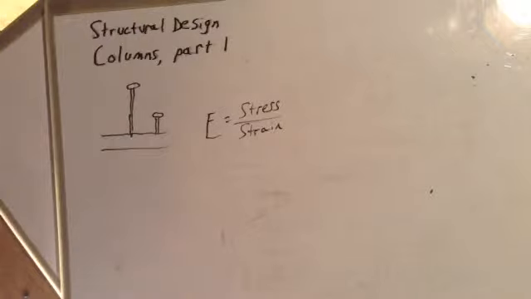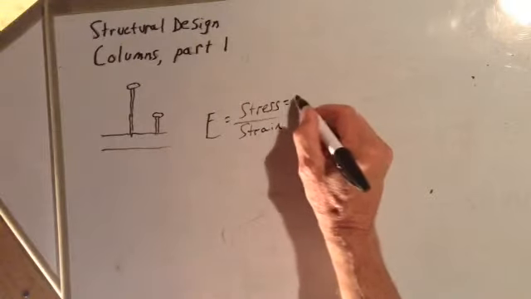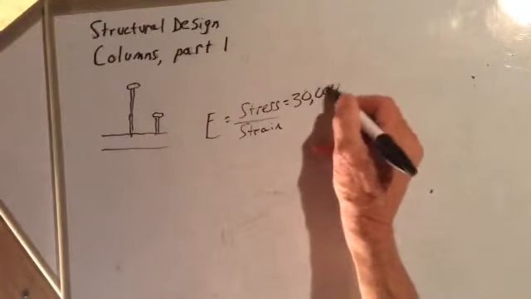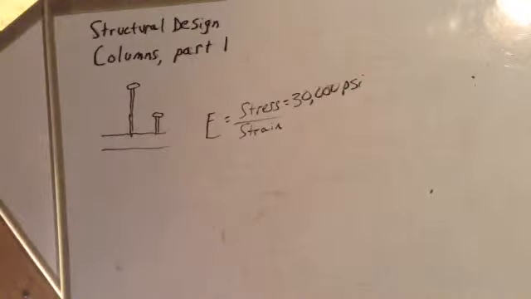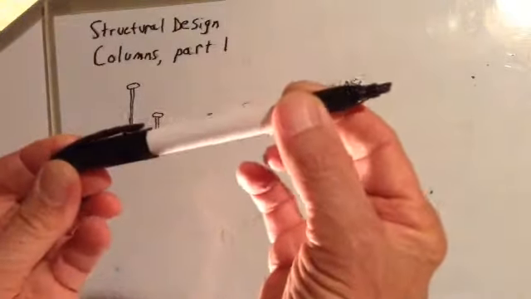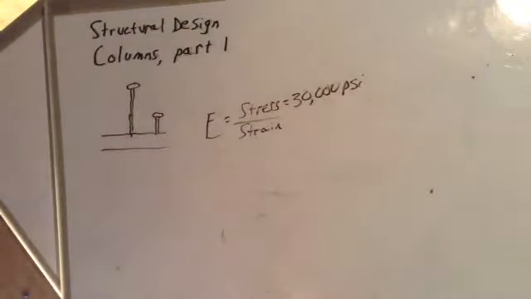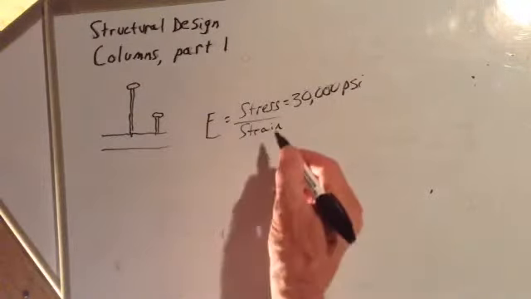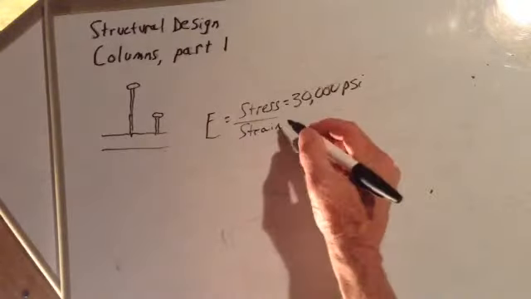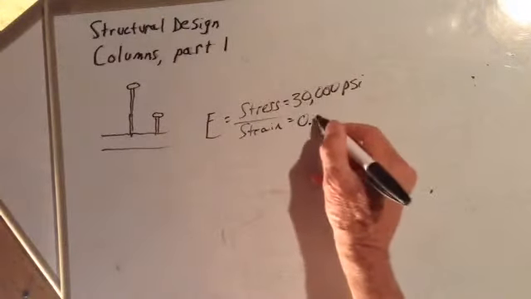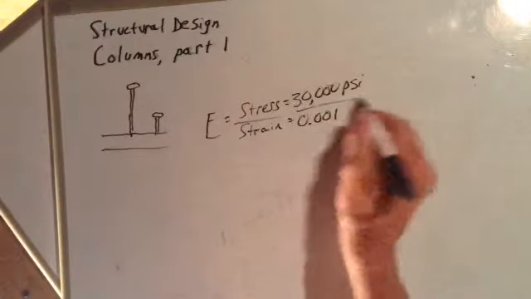If a material is stressed to 30,000 pounds per square inch, and let's say it becomes shorter if it's being compressed or longer if it's being pulled, and its length changes 1/1000th of what it was to begin with, then the strain in this particular case would be 1/1000th, which is 0.001.